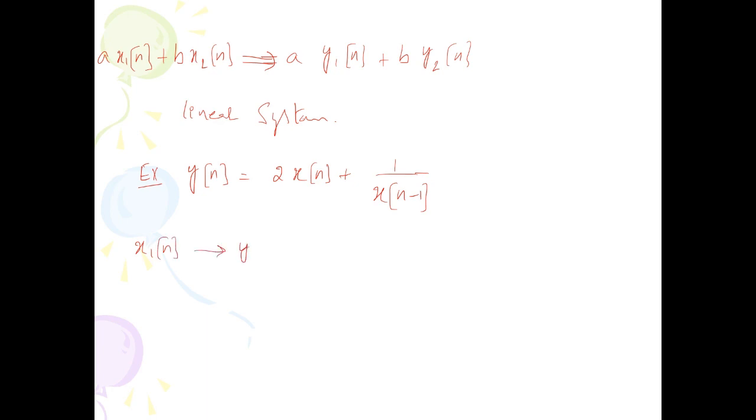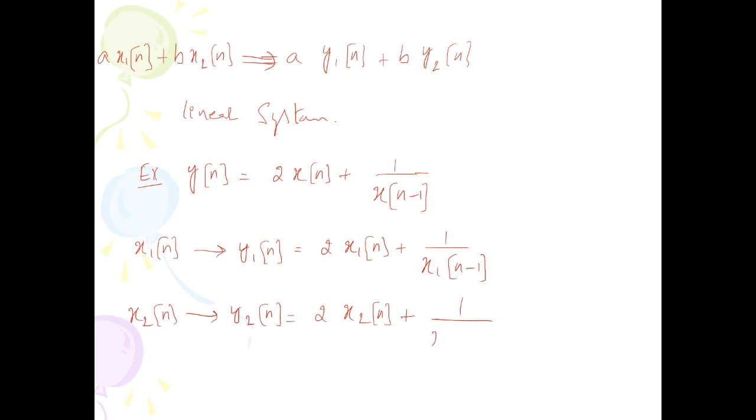Then what you will get is y1 of n, and this is nothing but 2 into x1 of n plus 1 by x1 of n minus 1. Similarly, x2 of n, you apply, the output is y2 of n, and this will be equal to 2 into x2 of n plus 1 by x2 of n minus 1.